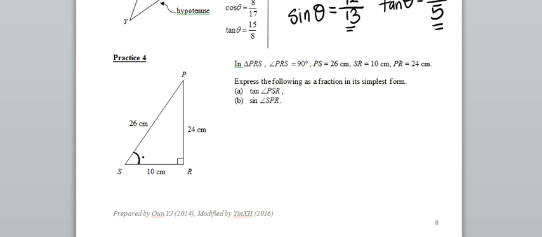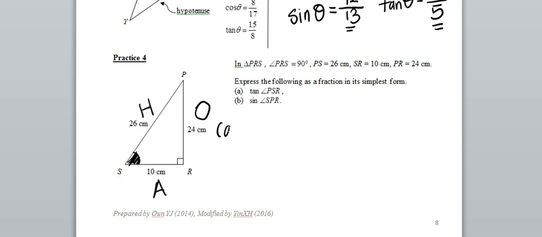So the hypotenuse will be 26, PS, which is hypotenuse H. With respect to this angle PSR, where is the side that is opposite? The side that is opposite to it is the length 24, the side PR. So this is the opposite. And last but not least, this one will be our adjacent, 10 cm, SR.